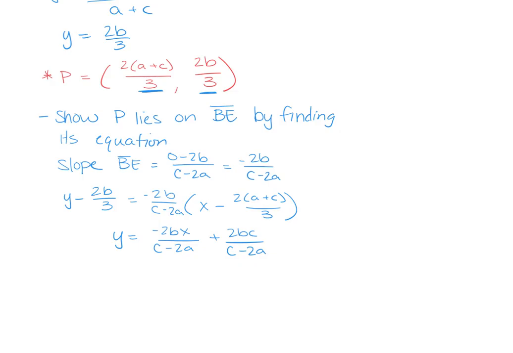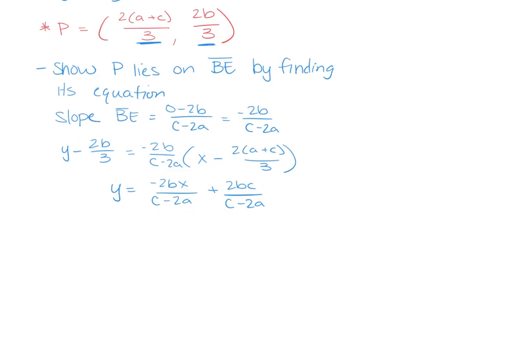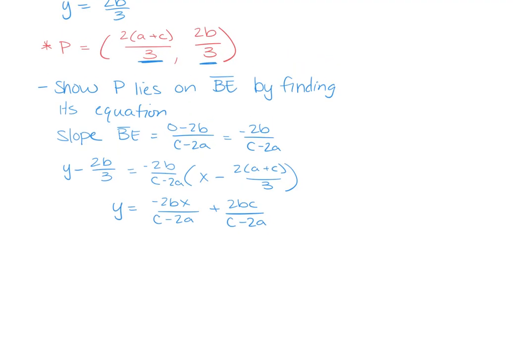All right, so now we want to plug in our x value from P from above, so y equals negative 2b, and then the x from above.